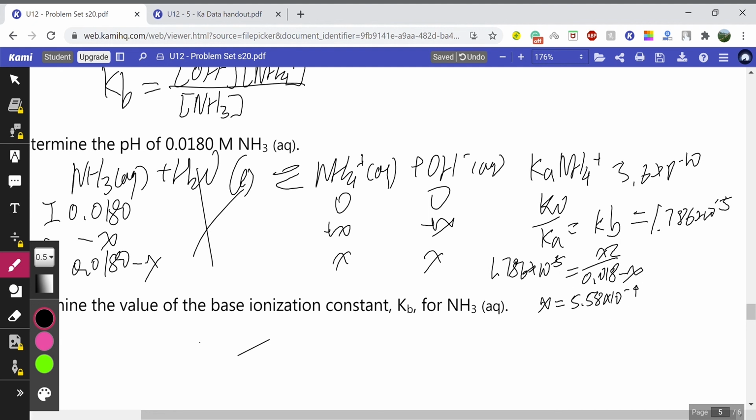Now, we can find the pH by using 14 plus log of this, which will be equal to 14 plus log of 5.58 e to the negative 4th. It's going to give us a pH of 10.747.